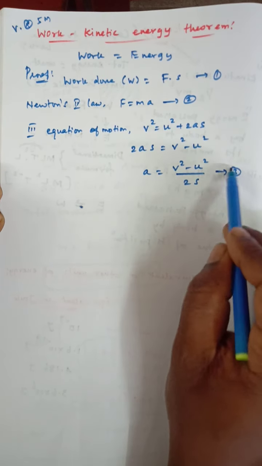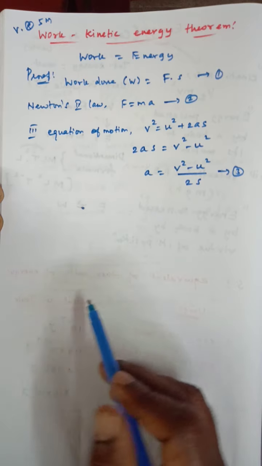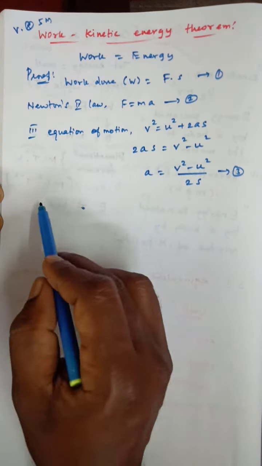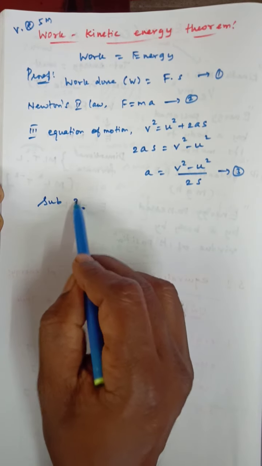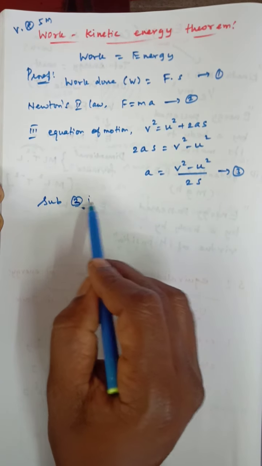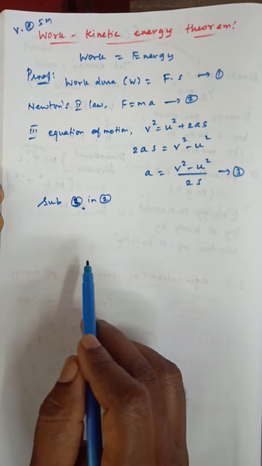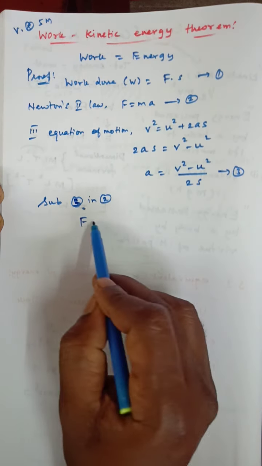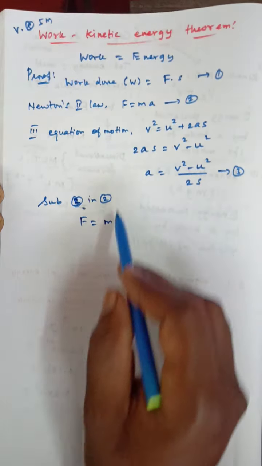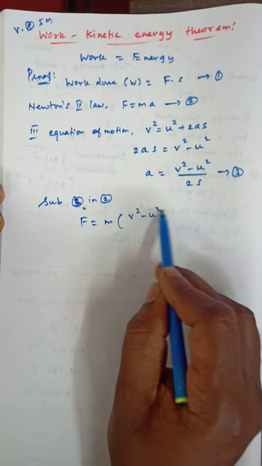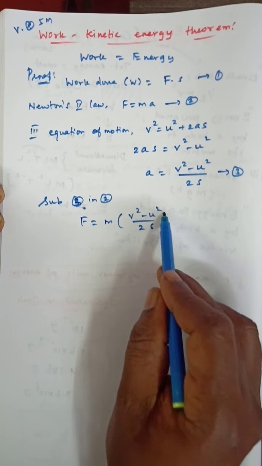Call this equation 3. Now we substitute equation 3 into equation 2 to find the force. Then F is equal to mass into acceleration, so F is equal to M into V square minus U square by 2S.